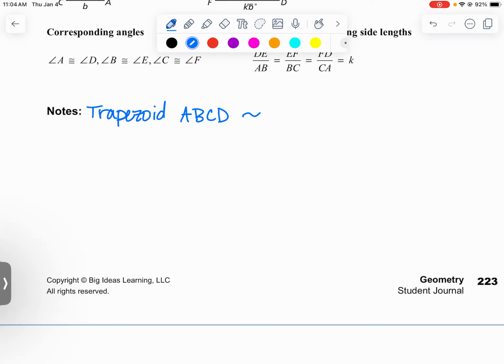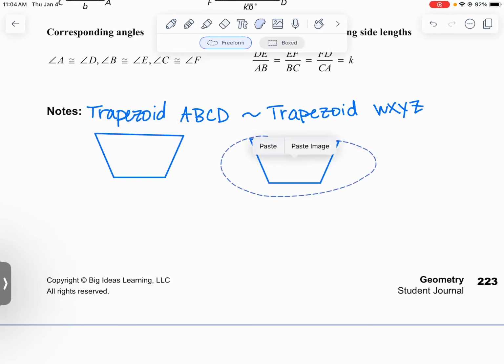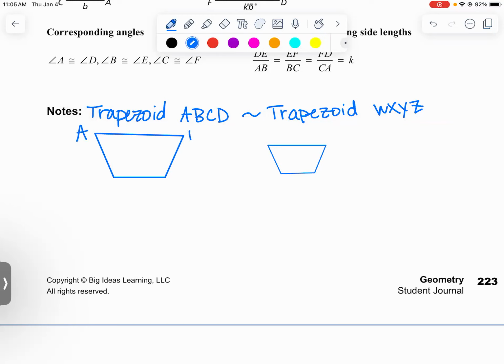Okay, so that squiggle means similar. And to write that down.